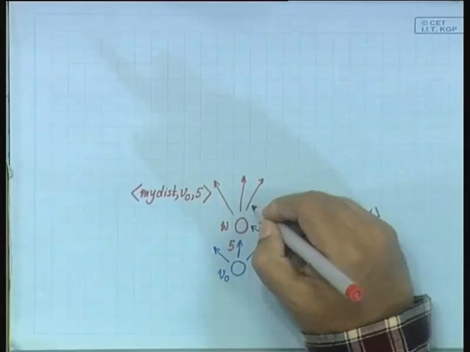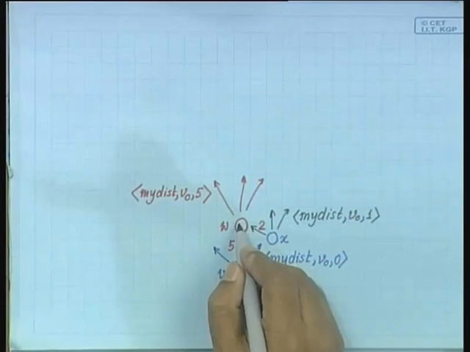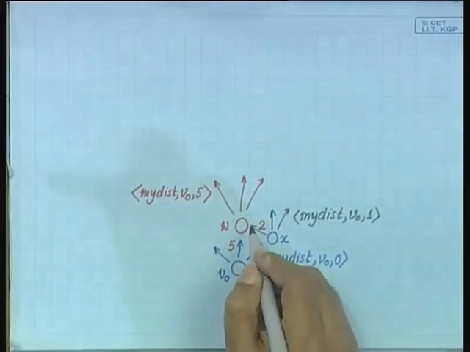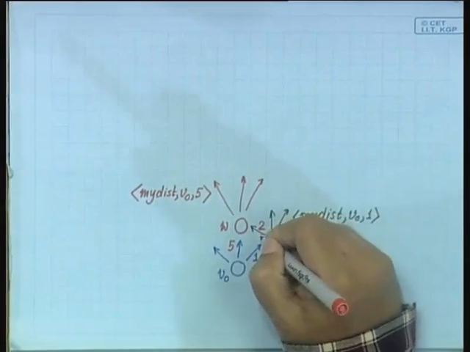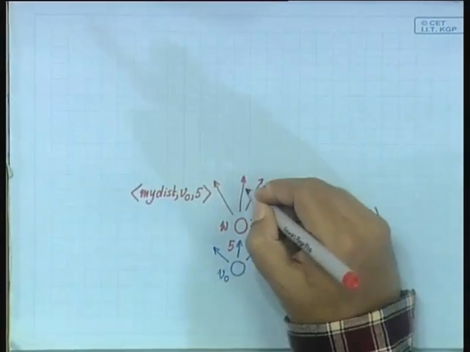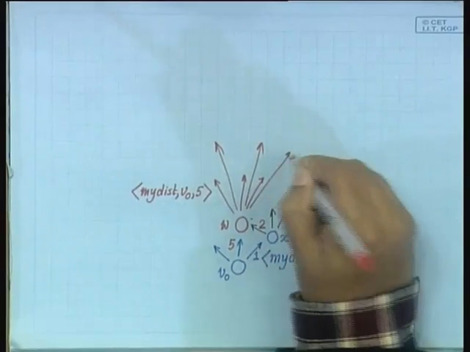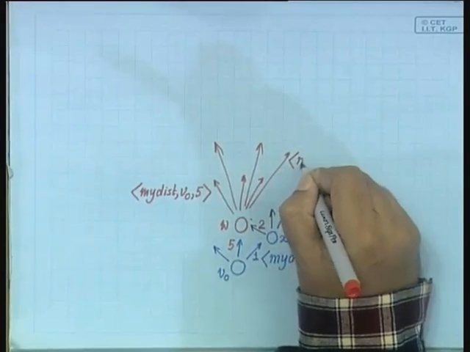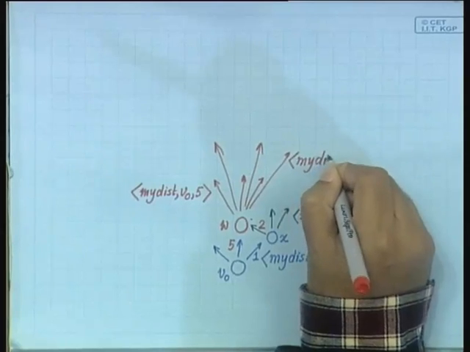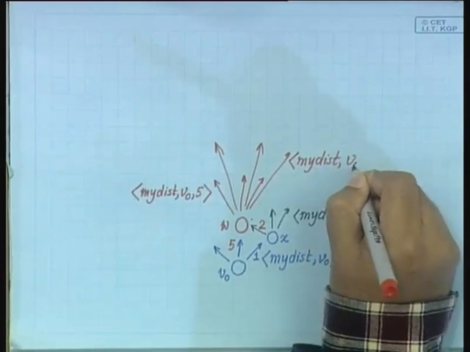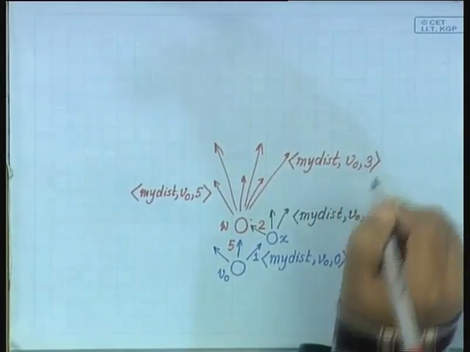So, now W will again revise its cost, and it is going to send out what message now? After receiving this message, it will again send out, but this time it is going to send out my dist V0 3.